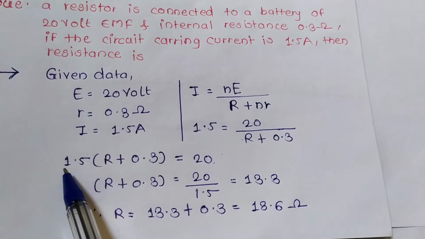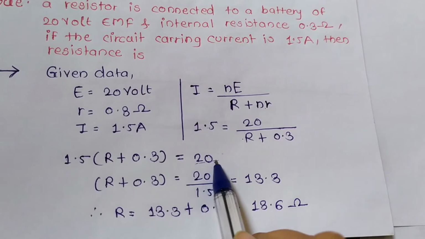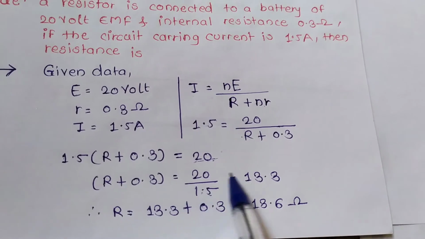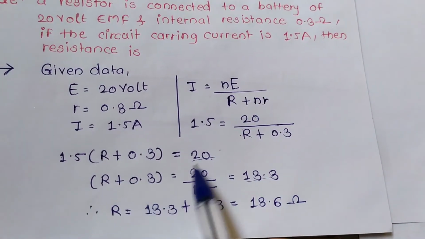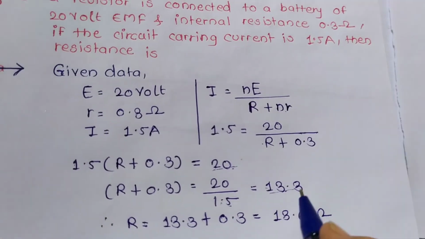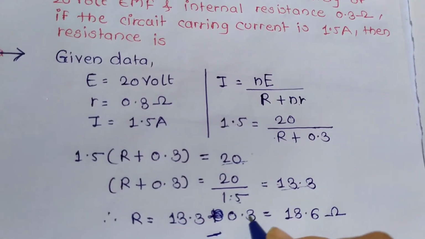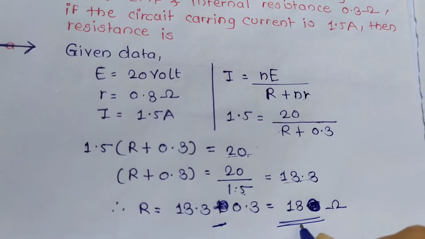Then this product goes to divide here. Then R plus 0.3 is equal to 13.3. Sorry, here R is equal to 13.3 minus 0.3, which is equal to 13 ohm. Okay?